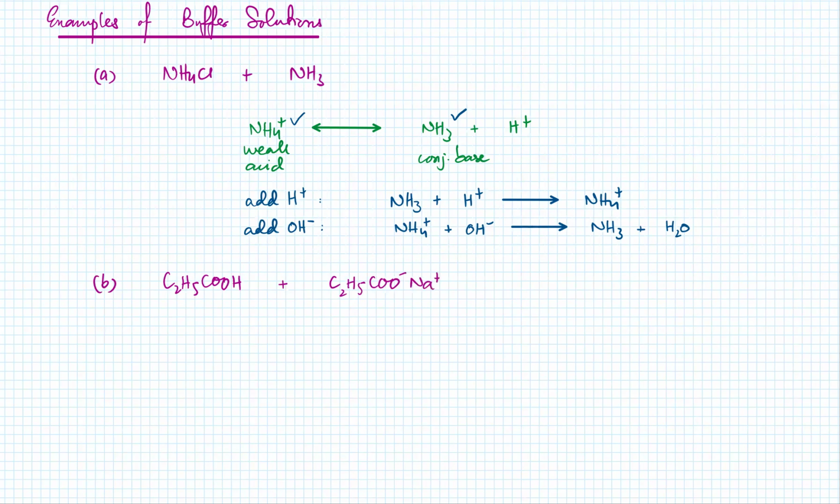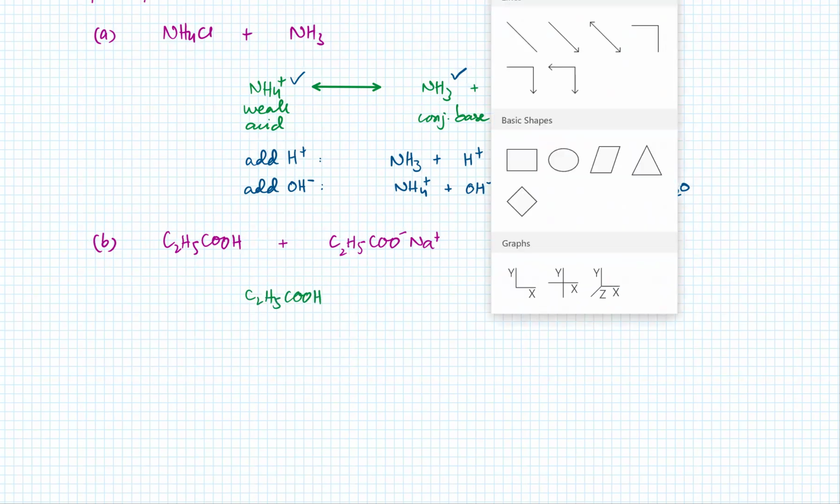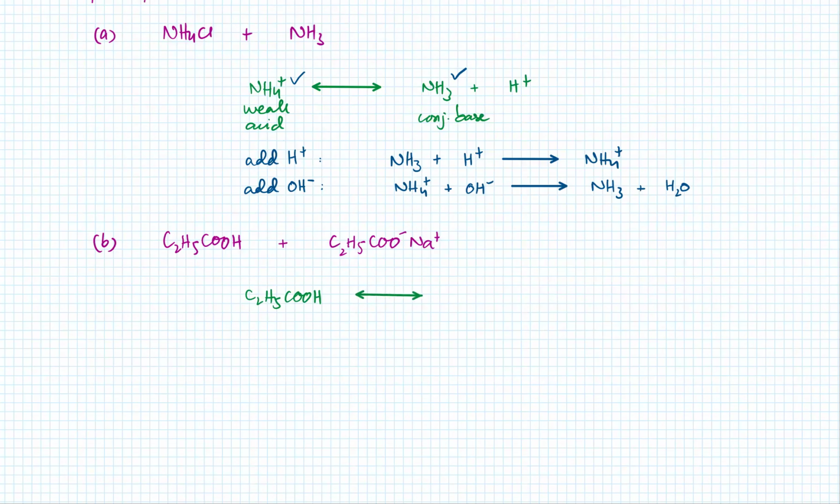They're going to form a buffer, obviously, because one of them is the weak acid and the other one is the conjugate base. So it's C2H5COOH, and it will ionize and form the conjugate base C2H5COO minus plus H plus.